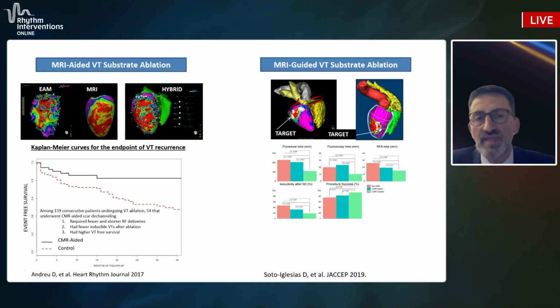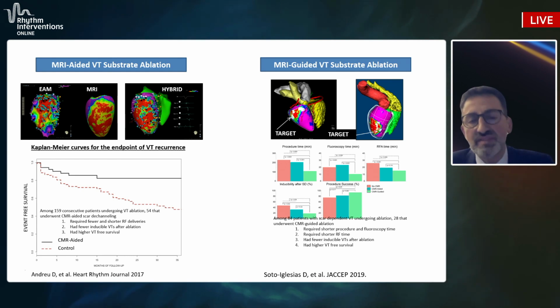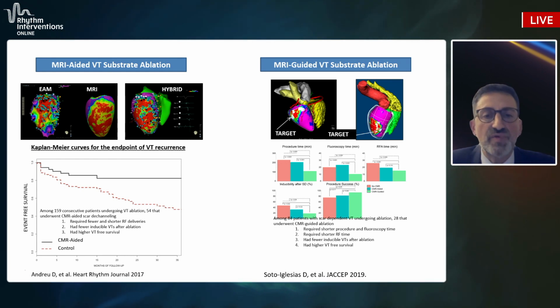So we were so confident with that we moved to perform MRI guided ablation exclusively by the information of the MRI. So we compared these three groups of patients, and when only taking the electroanatomical map or anatomical map of the aorta and doing fusion with the information of the MRI and going directly to ablate the substrate that we identify into the MRI, we realized that this way of doing ablation permit us to perform shorter procedures with less need for fluoroscopy.